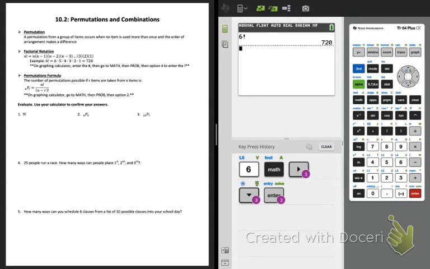Other thing we're going to use with this, so we'll use it with both permutations and combinations formulas. If you're dealing with permutations, you can see the formula that is there. If you take a look at the way that it's written out, so you see this nPr. The n that's in front of the P represents the total amount of things you have in your group. So 20 people in a race, 20 would be the n value.